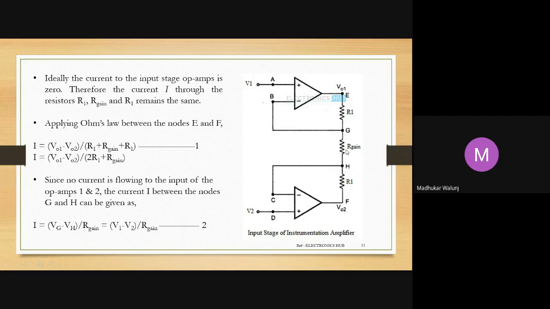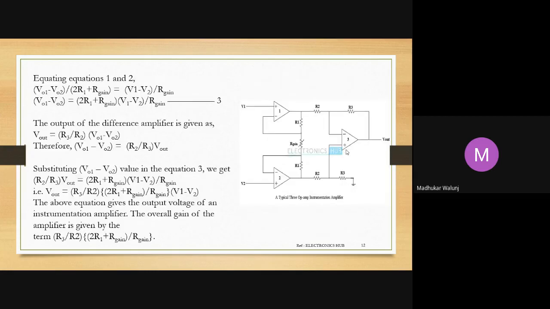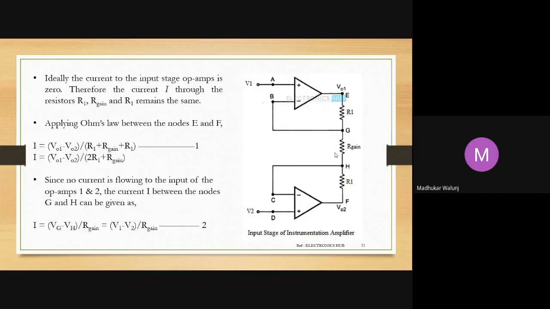So these are the currents flowing between E and F, and between G and H. Now, if we equate the equations: the current flowing from E to G to H to F has no branch, only a single branch, because current is not flowing from H to C or G to B. So the current in a single branch is always equal.